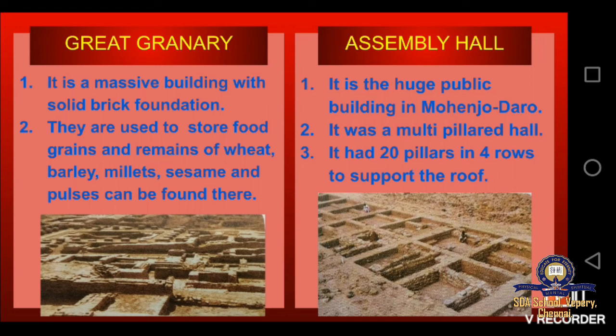So it was a huge hall where people could come and probably meet each other. And this hall was multi-pillared, that is, it had many pillars. So the great granary and the assembly hall were also unique features.